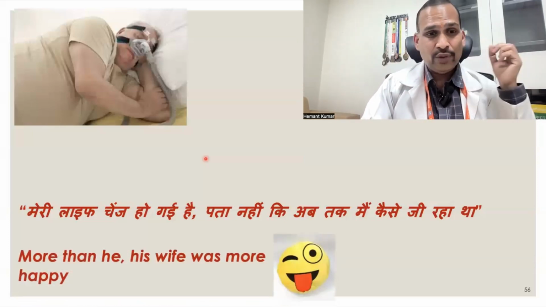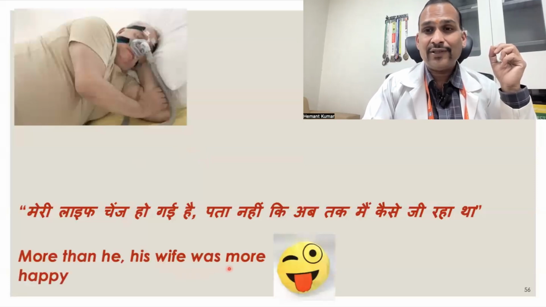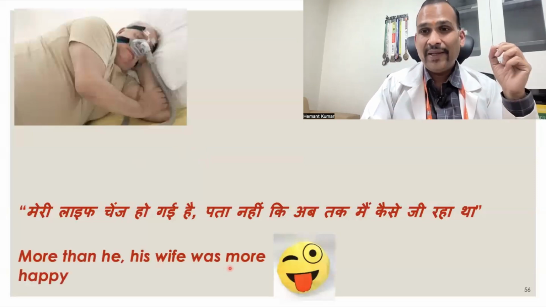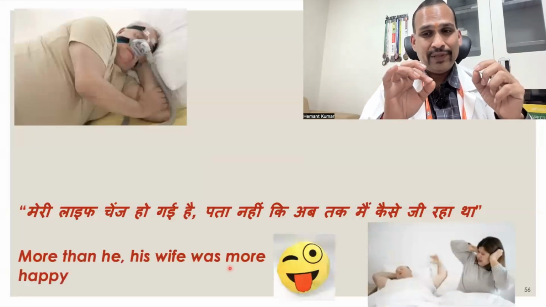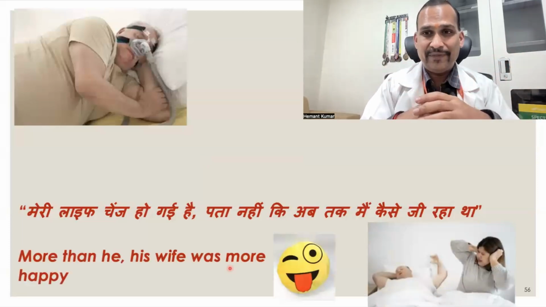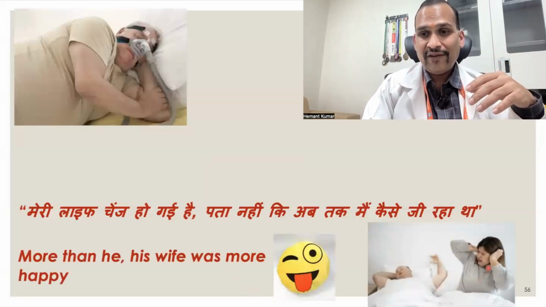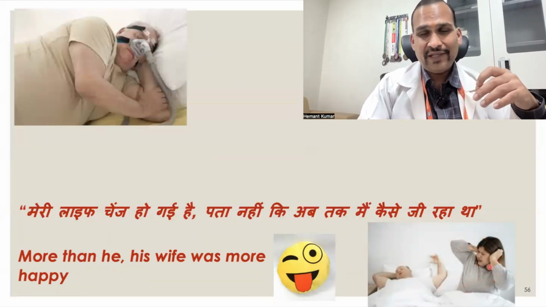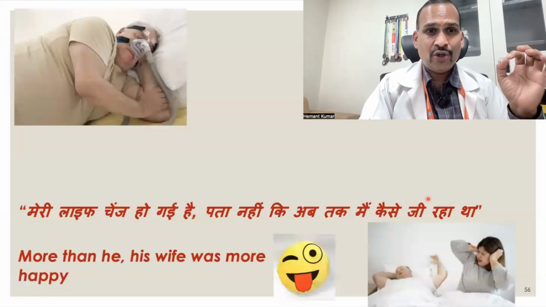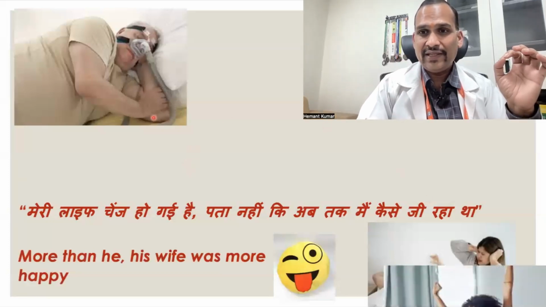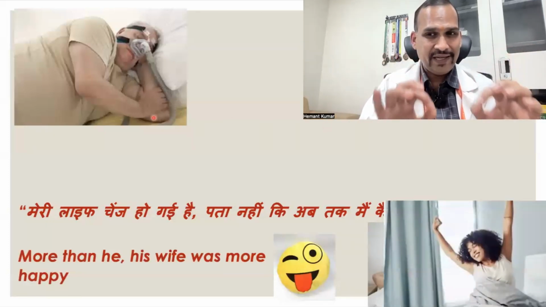And more than him, his wife was happy. Why? Because the patient had snoring before CPAP therapy, and because of the snoring, the wife was not sleeping. So the wife was not sleeping, and he was having tiredness the whole daytime. But once he got CPAP treatment, his wife was sleeping very nicely.